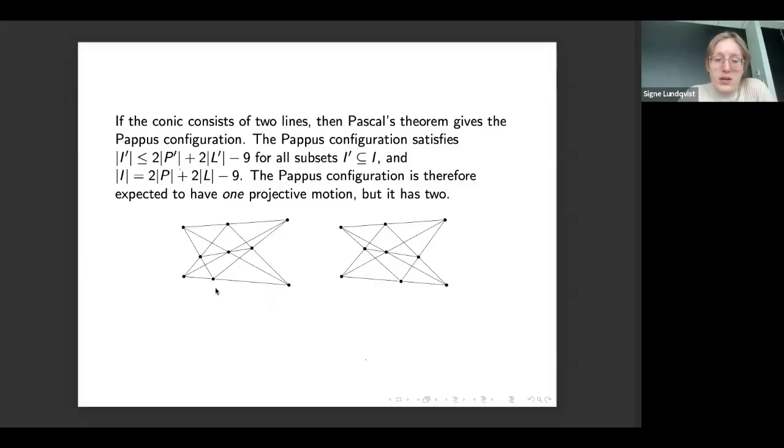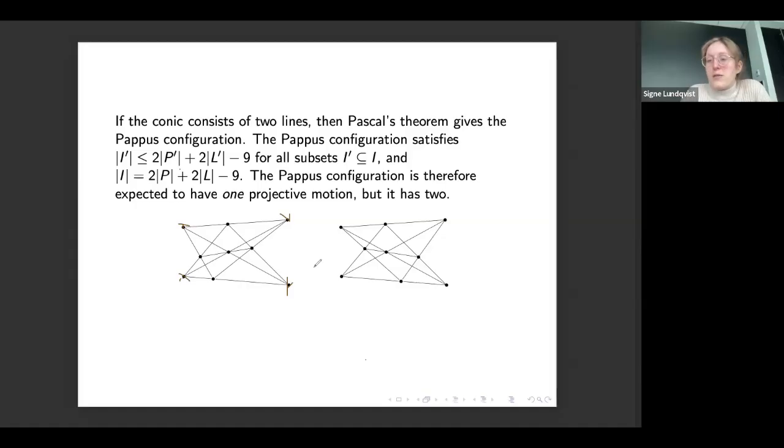Okay, so you can see here that between these 2 configurations, this point has just moved along this line. And these 3 points have also moved along with it. But you also have that these 4 points, the corners, I guess, are in fact fixed when you go from the configuration on the left to the configuration on the right.